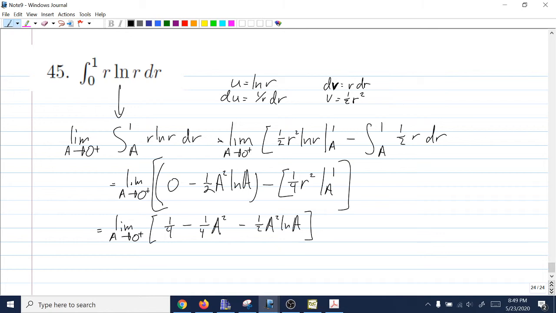I can do most of these limits. This one's a fourth. This one is 0. So the question is, can I do the limit as a goes to 0 from the right of a squared natural log a?